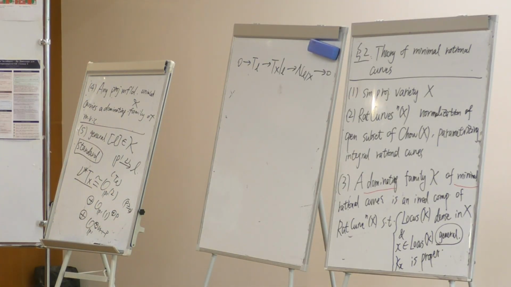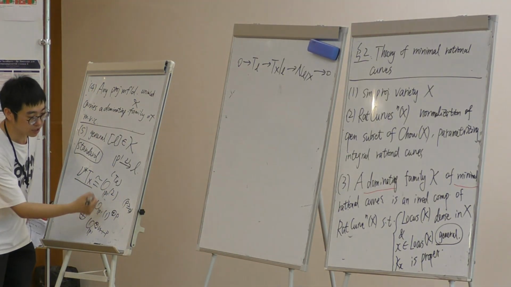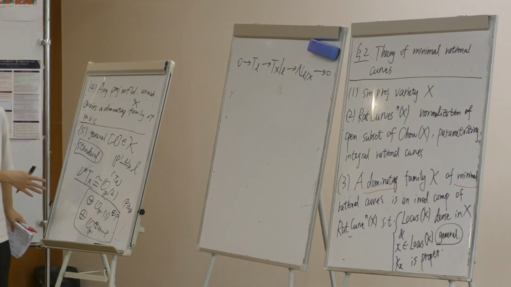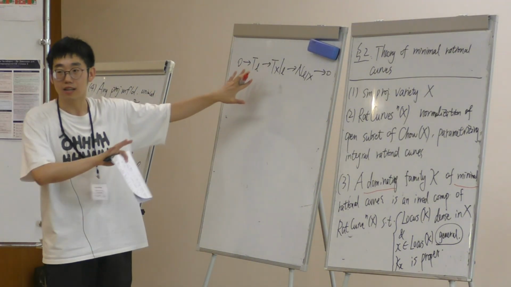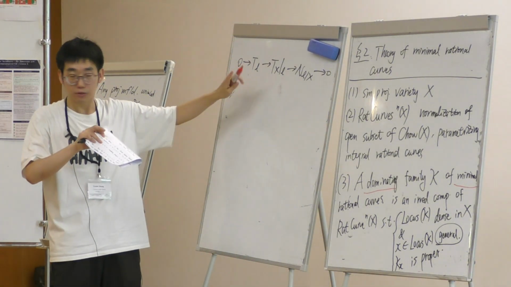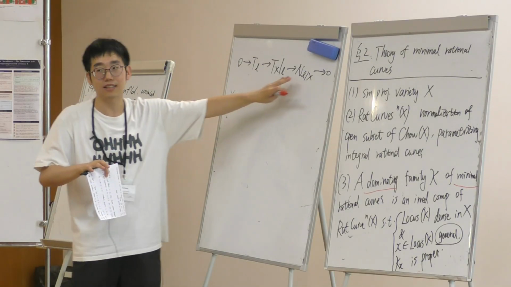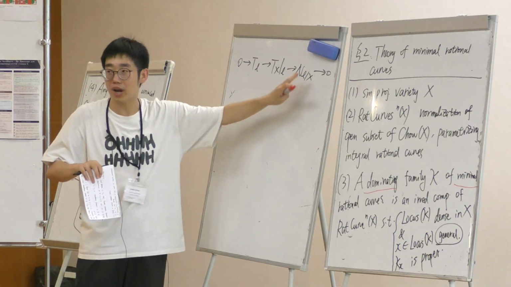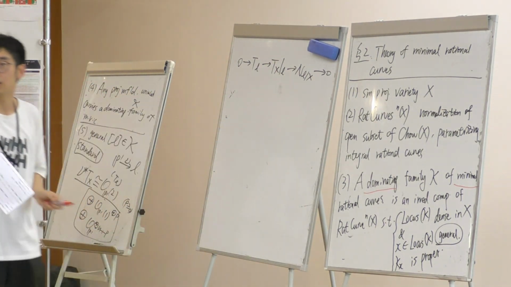This part is TL, and this part corresponds to the normal bundle. Somehow this splits into two parts, one from TL and the other the normal bundle. This part has rank n-1.